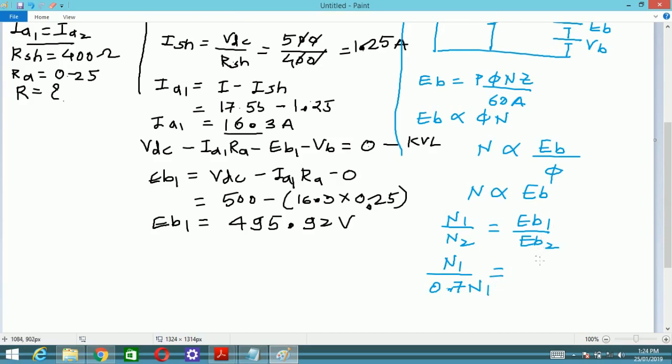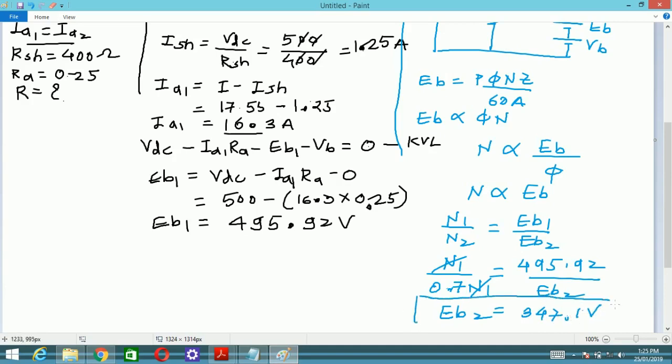EB1 we found out to be 495.92 volt, divided by EB2. We have to find EB2, and N1 will get cancelled, so you get the value of EB2, the back EMF in the motor, which comes to around 347.1 volt. So I got the EB2 value now.